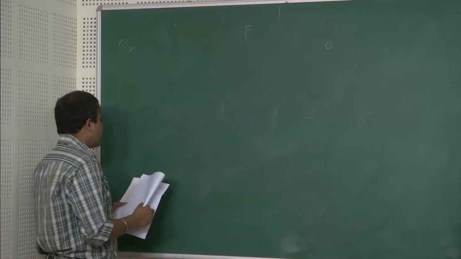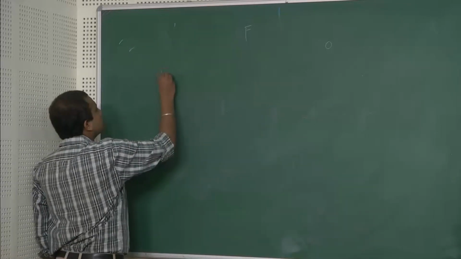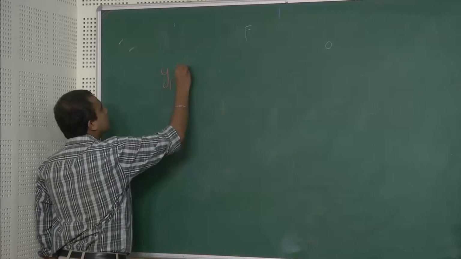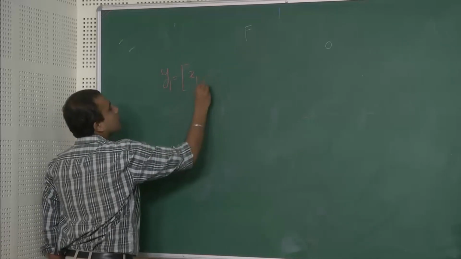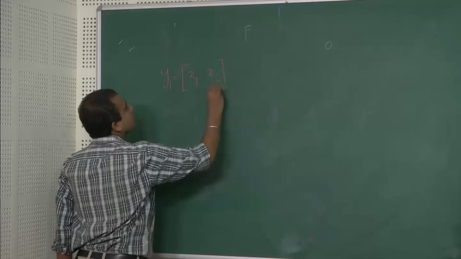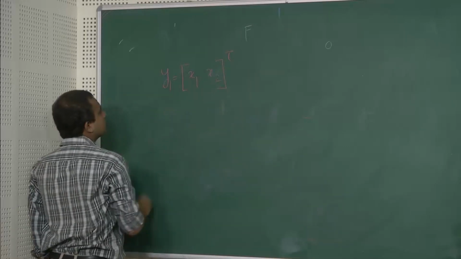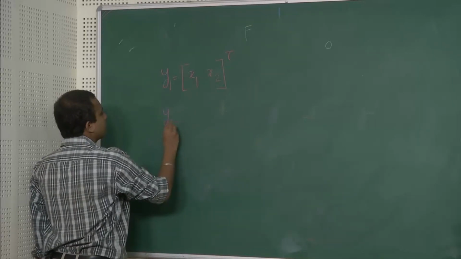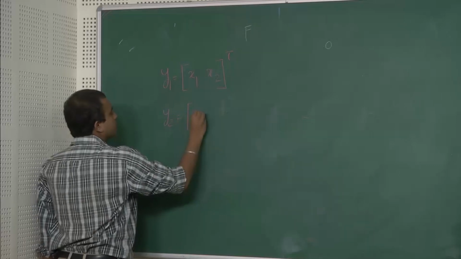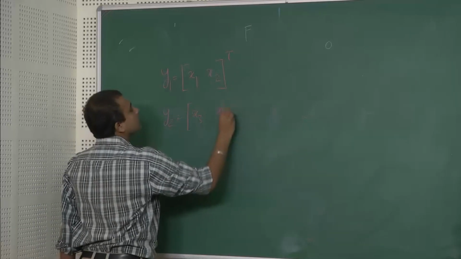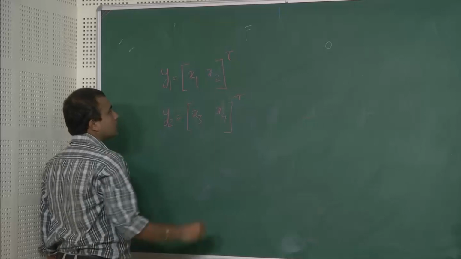Instead we can take these two new vectors, y1 equal to x1 x2 transpose, and y2 equal to x3 x4 transpose.